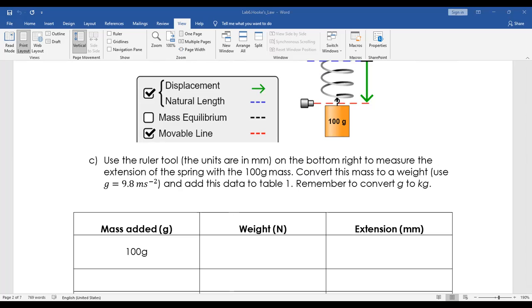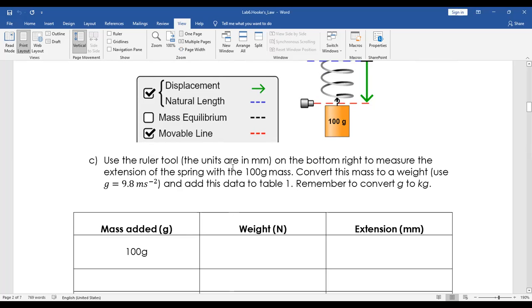We choose 100 gram. And this damping, where is it? We have to show the display, movable line, and also damping. Damping is a lot. Then we can see how much it stretched.